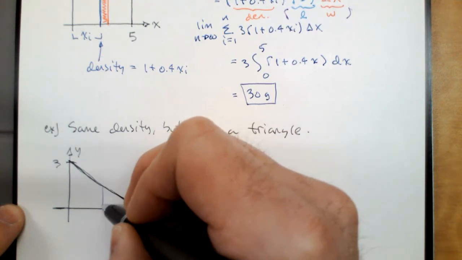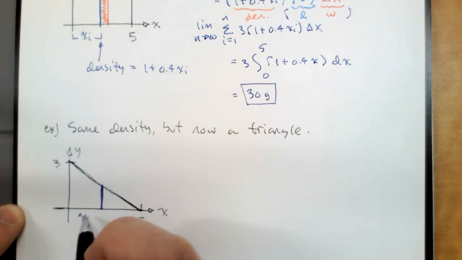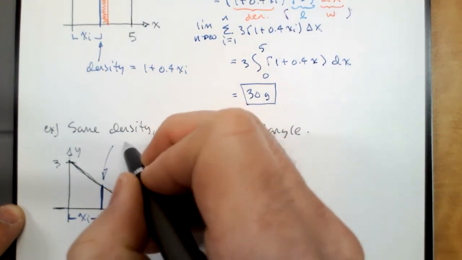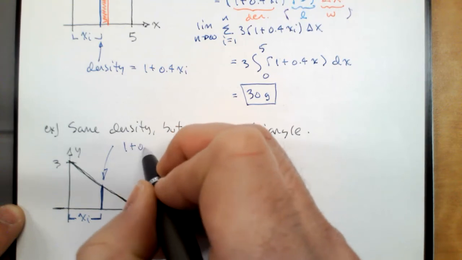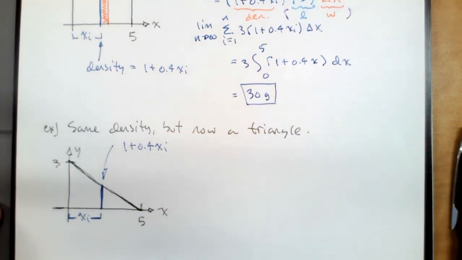So at a point xi units from the y-axis, my density there is 1 plus 0.4 xi. I'm going to use this same density for some small change in x.